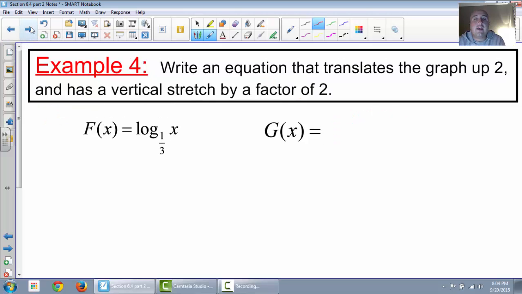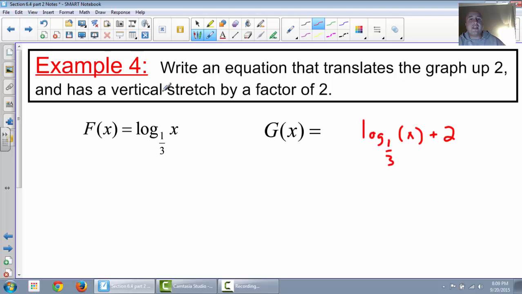All right, example 4. It says write an equation that translates the graph 2 up and has a vertical stretch by a factor of 2. So let's see here. So log base 1/3 of x, and it says 2 up. So I'm going to put a plus 2 at the end of my equation, and that should help me move my whole function up 2.